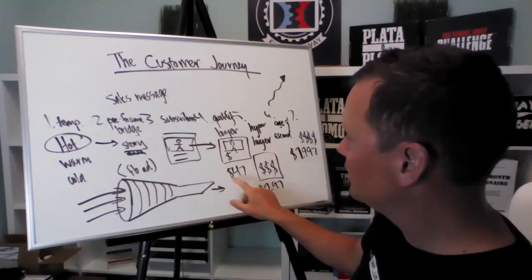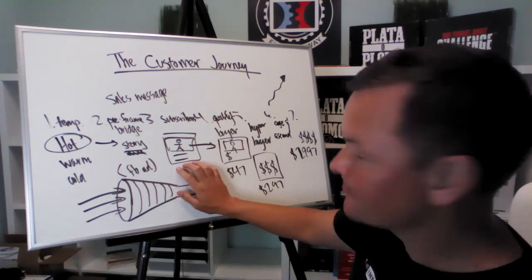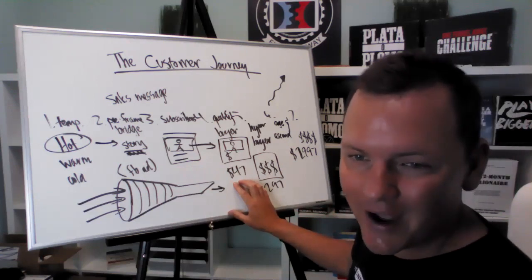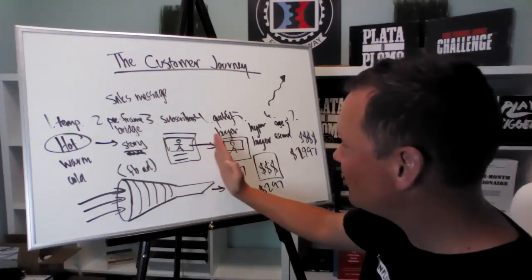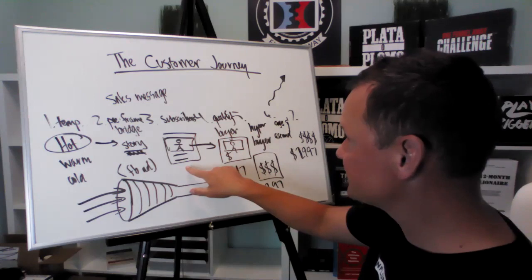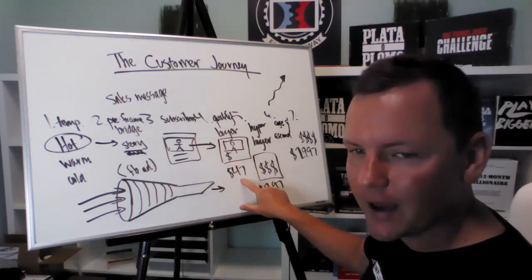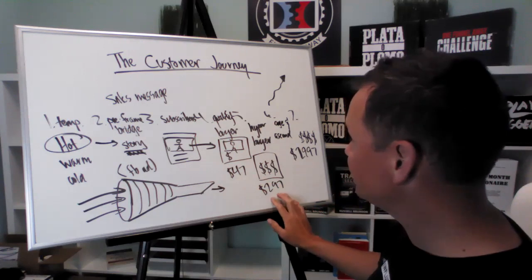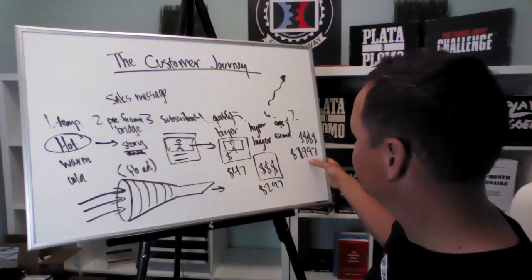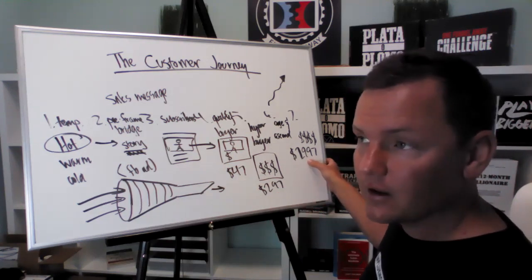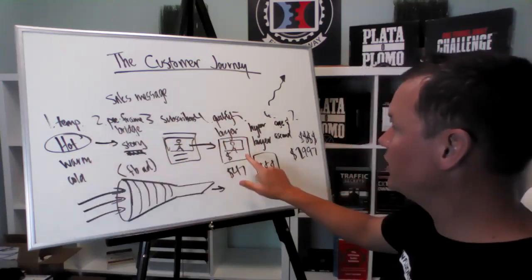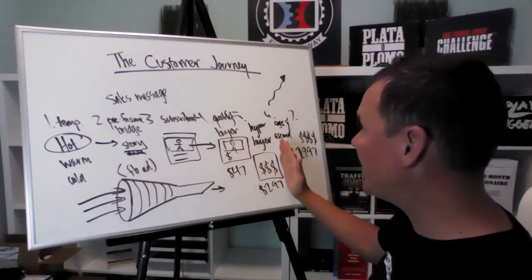Well, if I just got somebody's email and then bring them here and say, you just gave me your email, how about $3,000? No way, it's never going to convert. I've got to go through all the steps, through the journey with them. So here, I can go from a subscriber to a $47 product. And then to a $297 offer, maybe a short presentation or webinar. Yeah, you can do that. But to be successful at something that's $3,000, this was all done virtually, all the way from here, steps 1 through 5, 6.